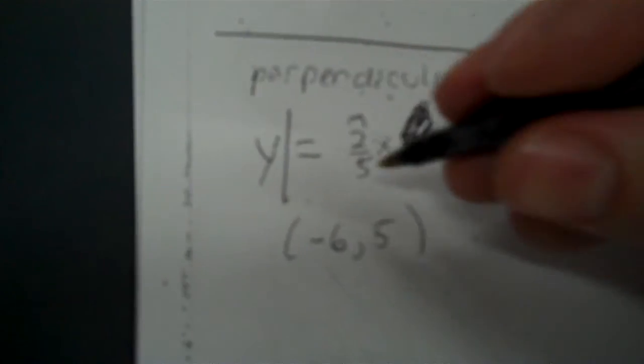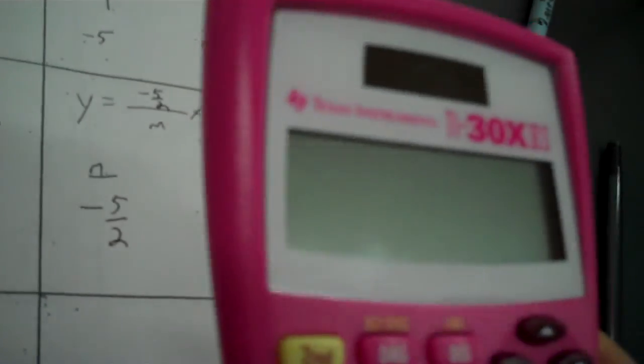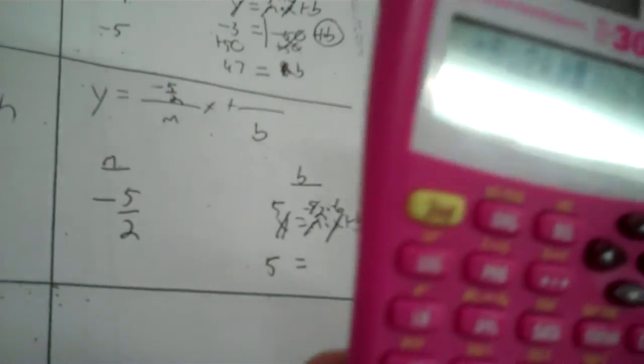So b. So negative 5 over 2, y is 5, x is negative 6. So I go negative 5 over 2 times negative 6, that's 15.